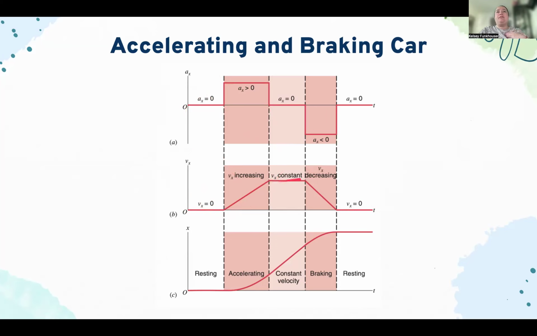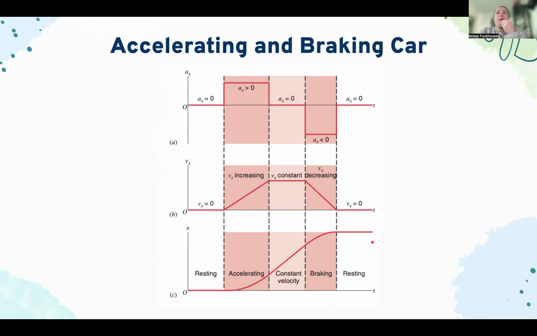Here, the velocity is constant, as in not changing, so there is no slope, or the slope is zero. And then we have a decreasing velocity, and in this time that means a constant negative slope. So the acceleration is going to be flat but negative, and then we end up back at zero.